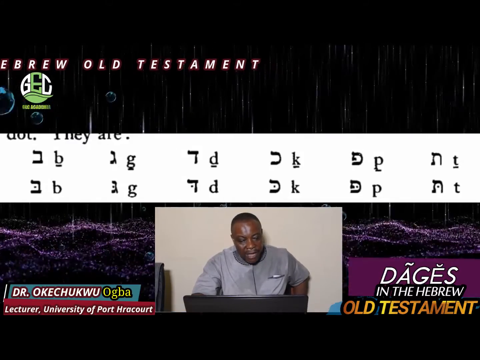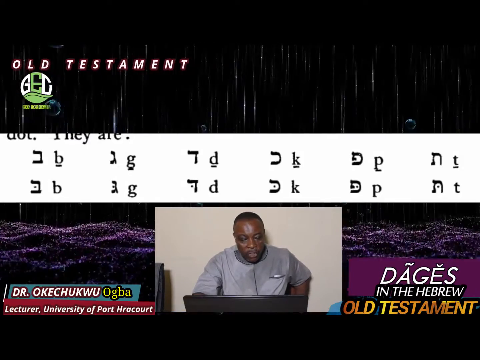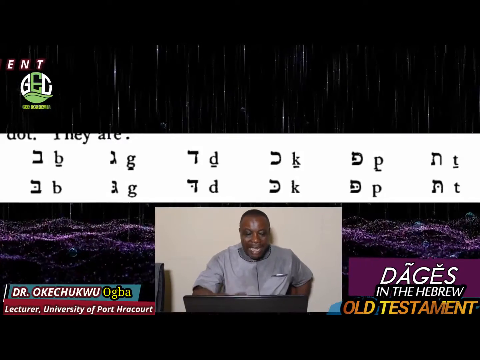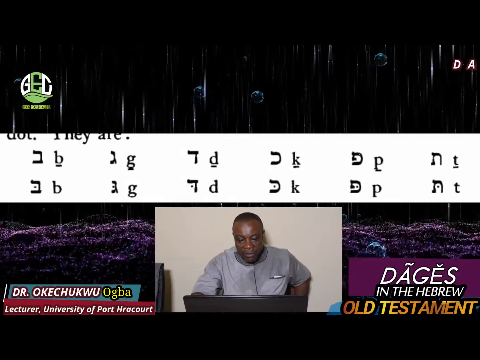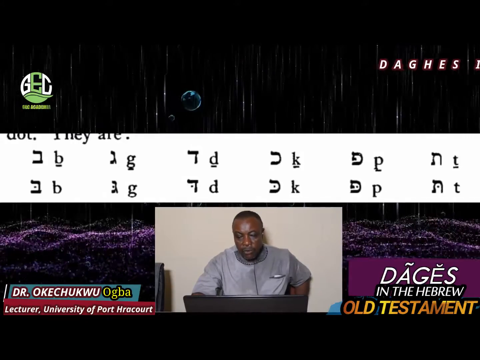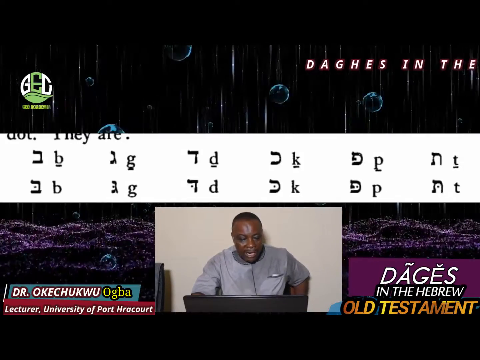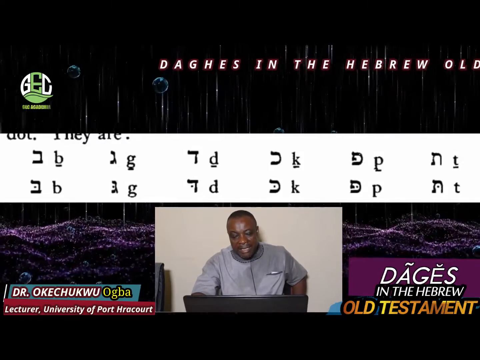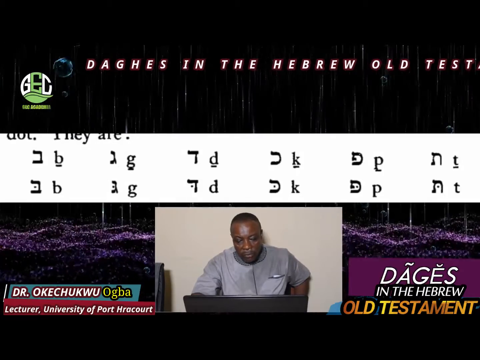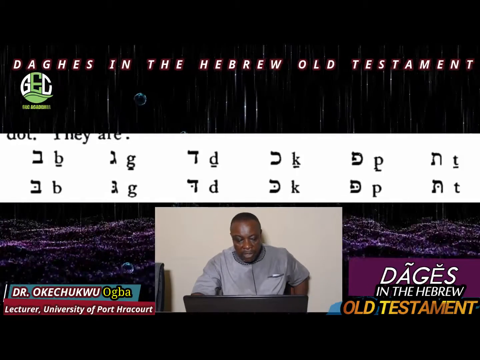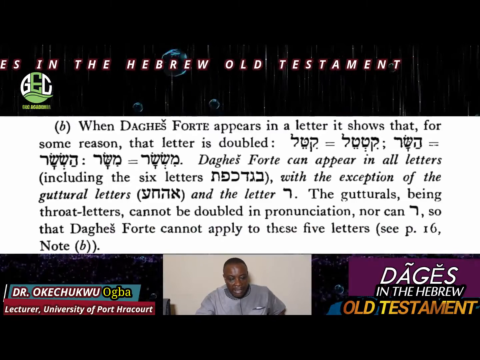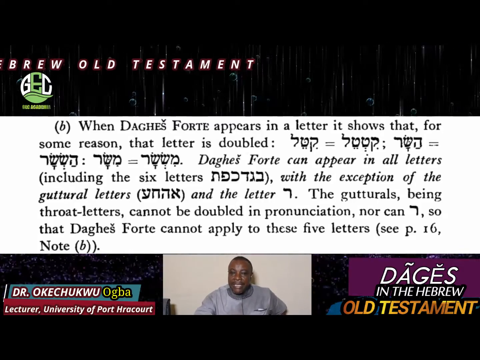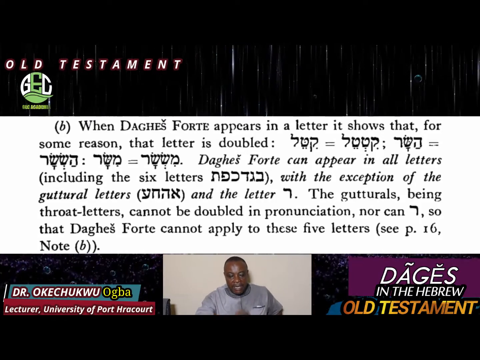Those 5 from the 22 are the only ones that cannot be doubled, because when dagesh appears in them, it makes them double. The guttural, being a throat letter, cannot be doubled in pronunciation, and the Resh also cannot be doubled in pronunciation. So we explain that there is dagesh forte, and there is dagesh lene.